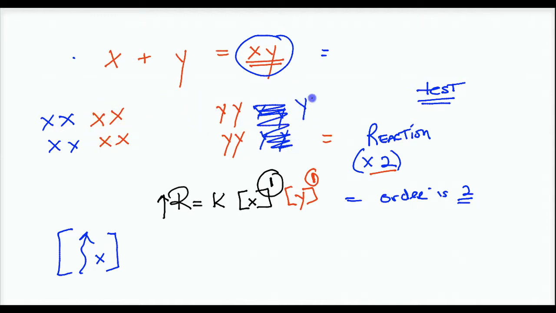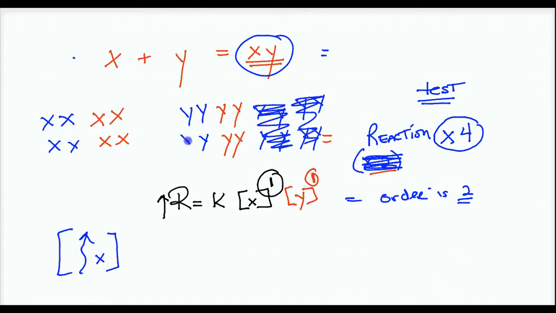But if I double Y at the same time, Y is going to find X twice as fast also, which leads us to a reaction rate, if you didn't already guess it, would increase 4 times. There's 4 times the speed. Remember, it was just 2 times when you just doubled 1 and kept 1 constant. But if you double both of the Y's and the X's, they're going to hit each other 4 times faster because there's 4 times the possibility. As you can see, there's 4 groups now, 4 times the possibility.